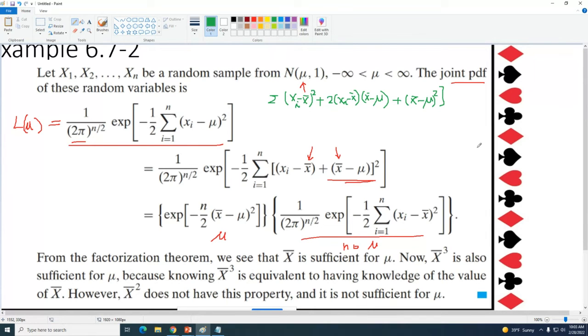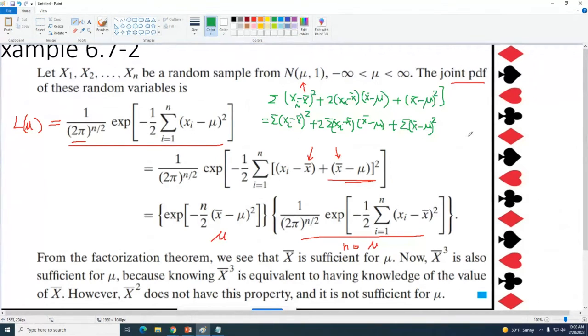Expanded, it looks like this. The first one equals the summation of xi minus x bar squared. The second one will be plus 2 times the summation of xi minus x bar times x bar minus mu. And then plus the summation of x bar minus mu squared.